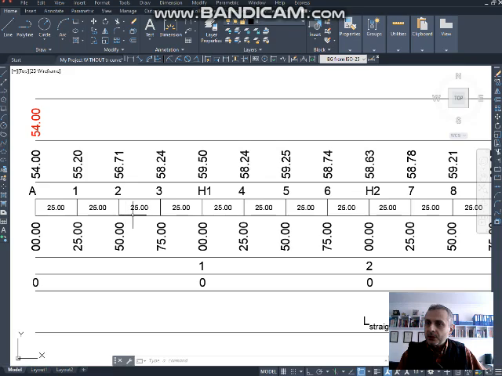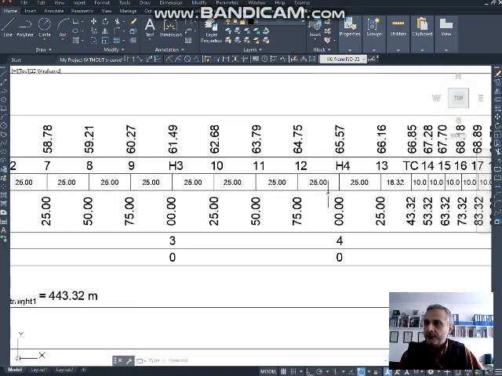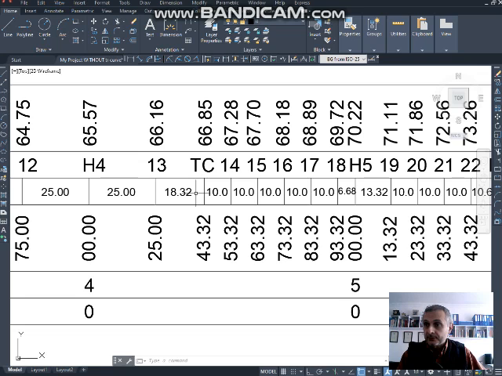The distance between each cross-section is 25 meters, etc. And obviously, if there are special cross-sections, then you have different distances. From 13 to TC, only 18.32 meters.